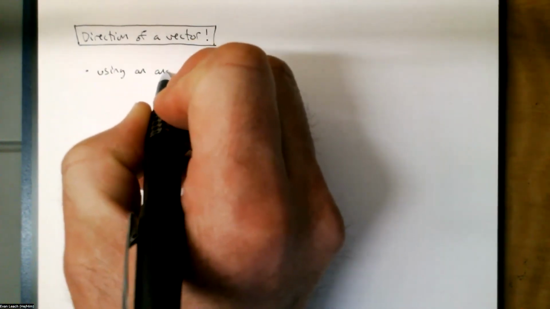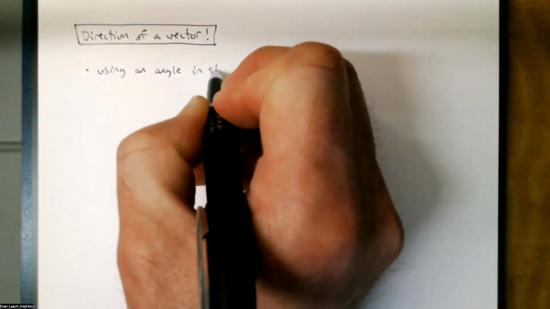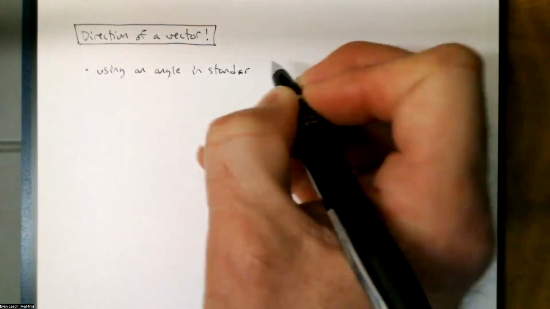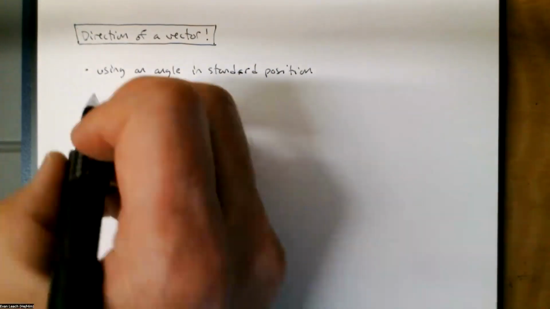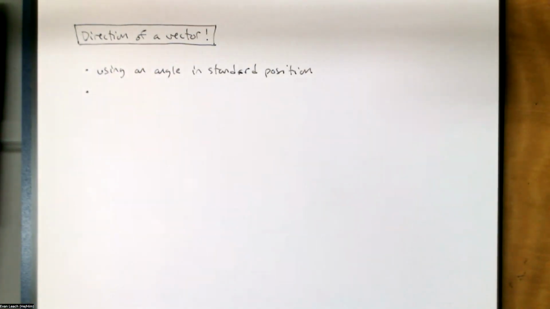We have a few ways to indicate the direction of a vector. One, we could use an angle, and we'll put this angle in standard position, so angles counterclockwise from the positive x-axis. The other way we might do this is using horizontal and vertical components.